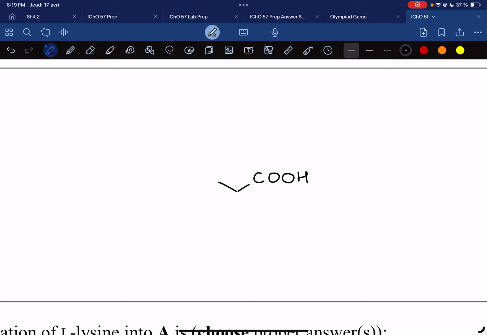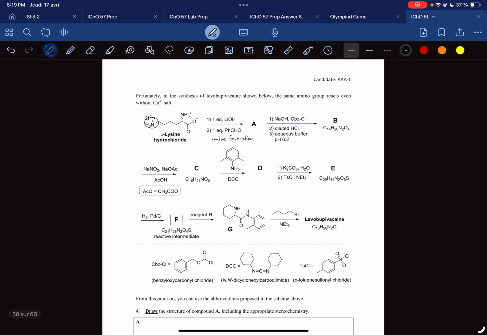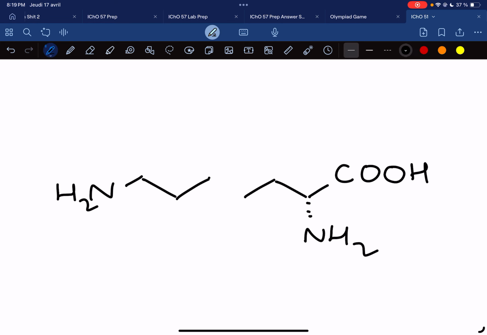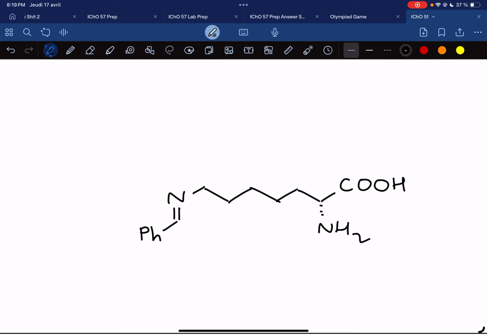Draw it like this: 1, 2, 3, 4, 5, 6, nitrogen. Imine formation with the benzaldehyde. So that's just going to be here, and here's your imine with the benzaldehyde.